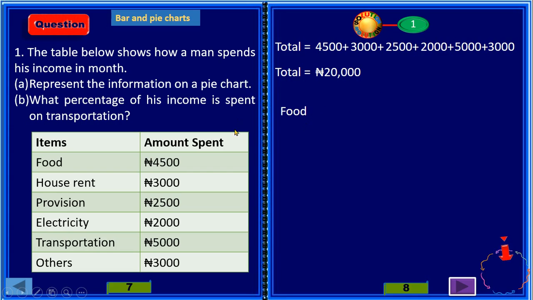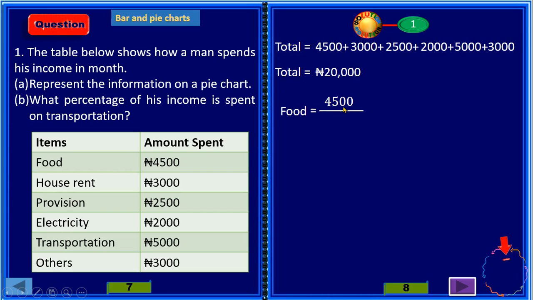So now we're going to use the total expenses or expenditure to calculate the angle represented by each of these amounts spent by the man in this particular month we are looking at. For the first item, food, let's find the angle represented by food. The amount for food is 4,500.